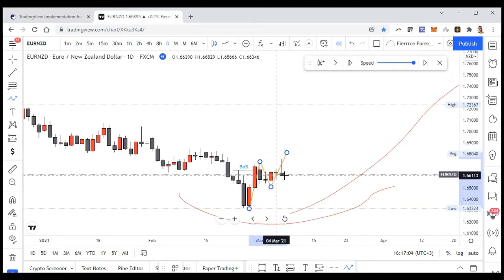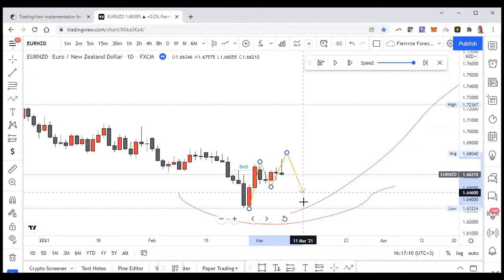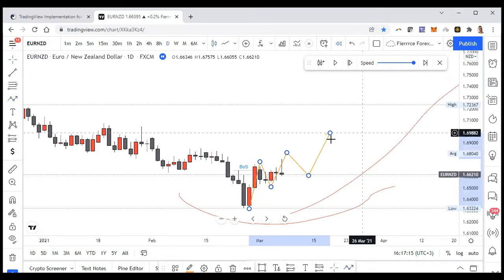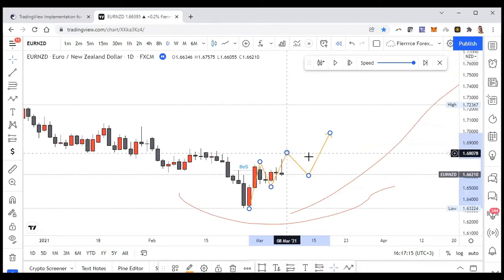And what we see with this candlestick here is there was a rejection. So possibly it could come lower, or it could come back here and continue to the upside. So obviously this is just an assumption, okay?